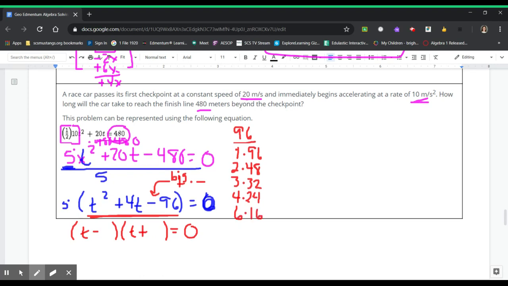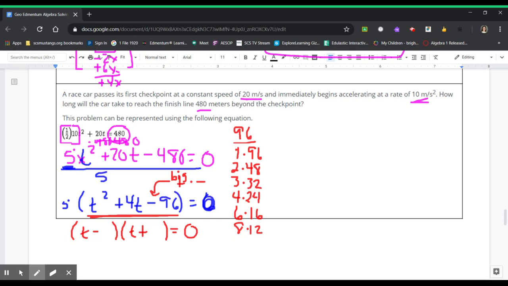And 96 divided by 7, that doesn't work. 96 divided by 8, so 8 times 12. 96 divided by 9, 10's not going to work, 9 didn't work. 96 divided by 12, and that loops us back around to 8. So that's our whole entire list that we have right there.